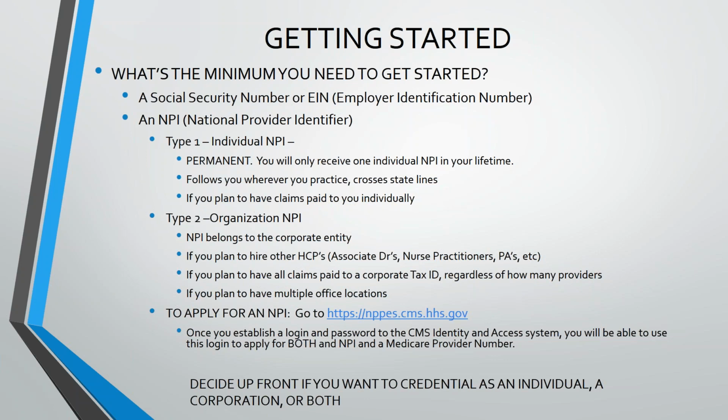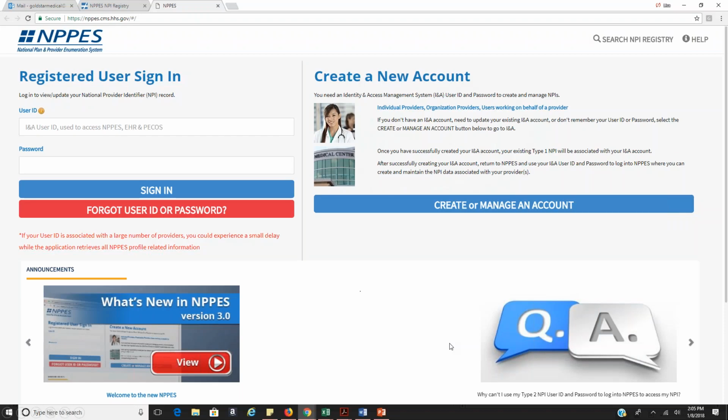And so you definitely want to go through the CMS INA system so that you have one login for both systems. And it will keep things much simpler from the standpoint of remembering what the logins are and so forth. Make sure you decide up front if you want to credential as an individual, as a corporation, or both when you are deciding to do your credentialing applications.